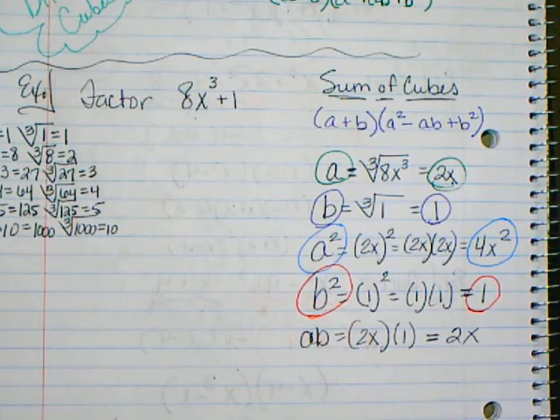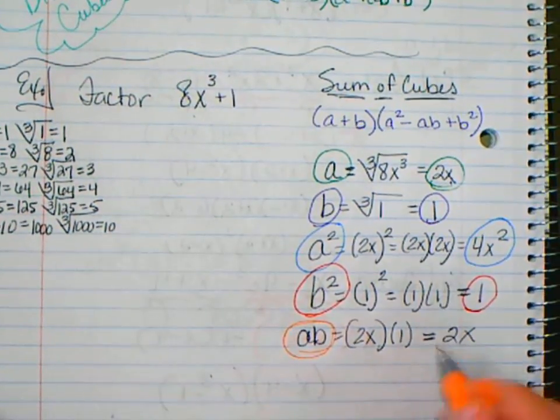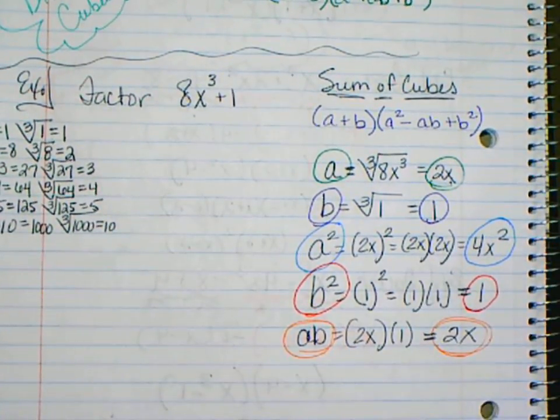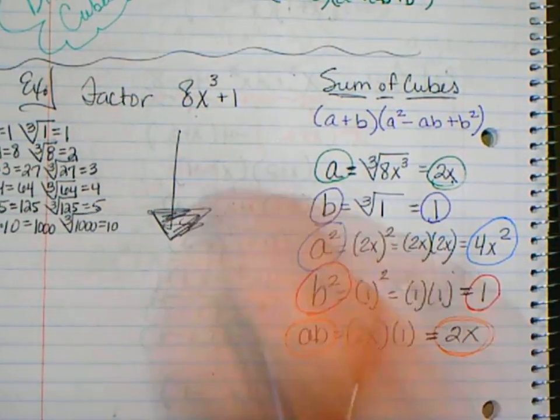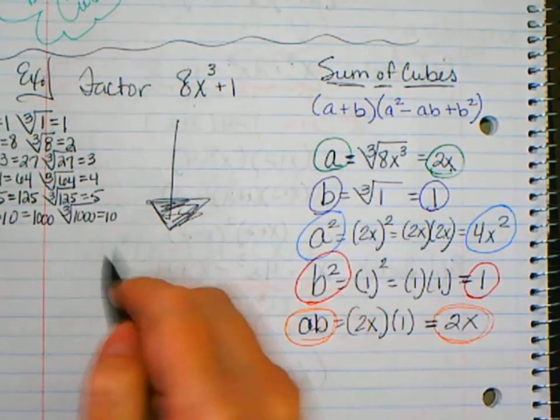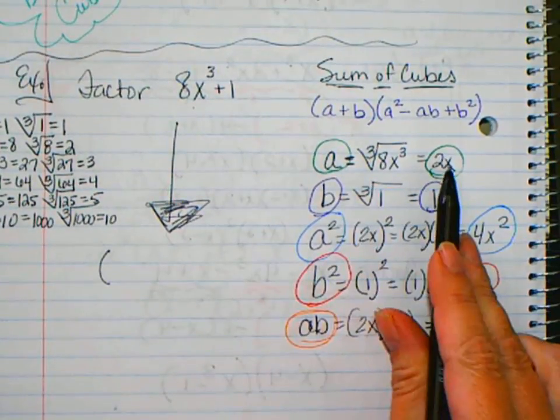So now I have all of the parts that I need to plug into the pattern. I'm just going to drop this down a little bit to give myself more room. So for A plus B, I'll put 2x plus 1.